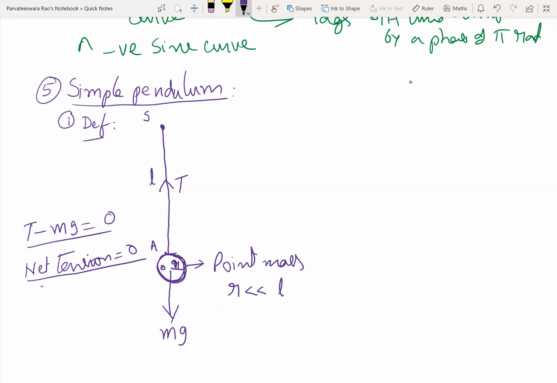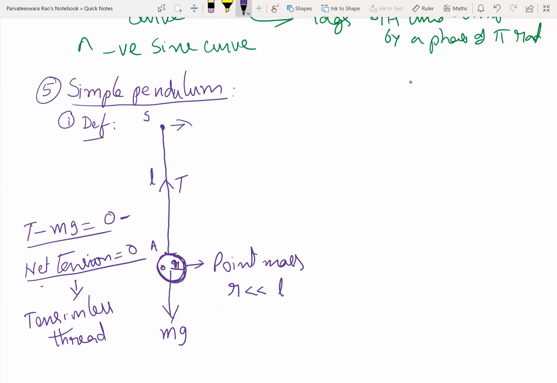Therefore, the resultant tension in the thread is 0, and hence it is called a tensionless thread. Because the downward weight and tension balance, that's why it is called the tensionless thread. Yes, that's what I wrote there. This equation means that.